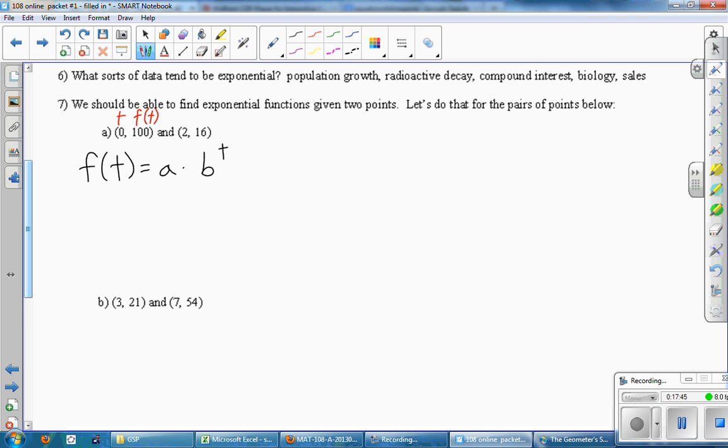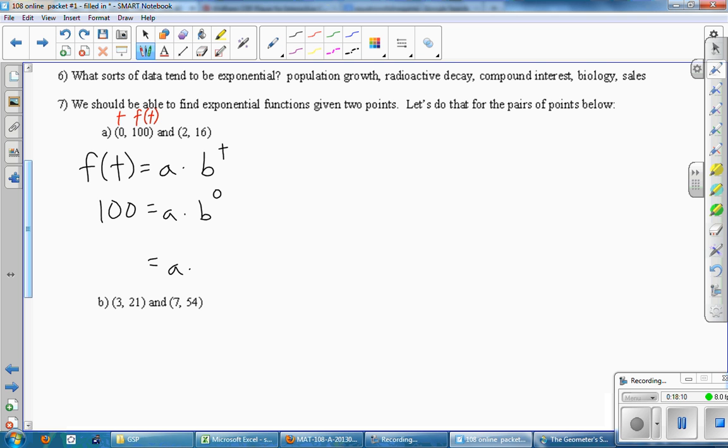Okay, so we're going to plug 0 for that t. So let's see, we got a times b to the 0 for the t. And then the 100, that's the output variable. That's the f of t. That goes right here. So 100 is a times b to the 0. And while we're at it, why don't we just go ahead and write down the other equation as well. So now we'll plug in 2 for t.